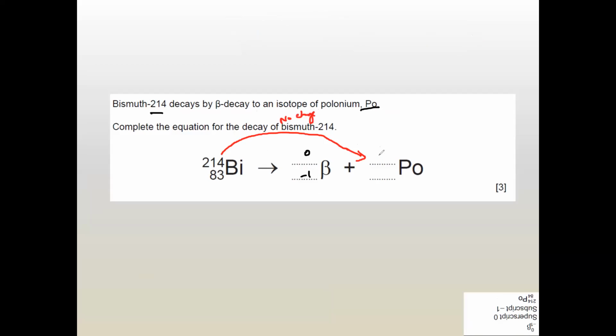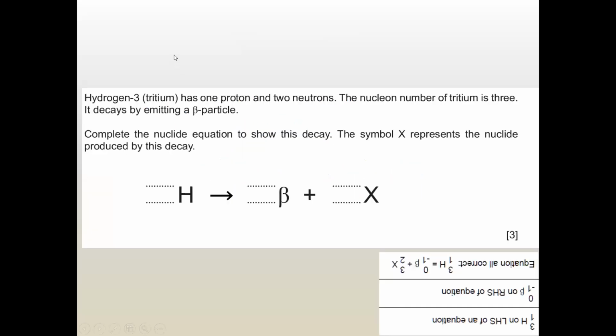So if it is 214, it remained 214. But what happened to the atomic number? The proton number or atomic number increases by 1. So originally it is 83, it will turn out to be 84. So this is always the case whenever there is a beta emission.